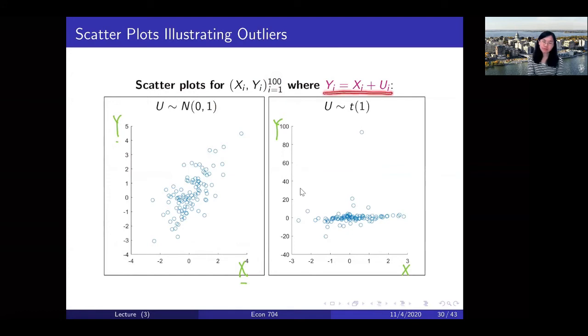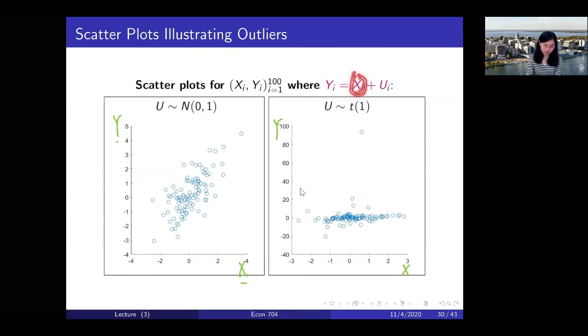this generation process. So for those 100 people, yi equals xi plus ui, where ui follows a standard normal distribution. I believe I also let x follow a standard normal distribution as well.